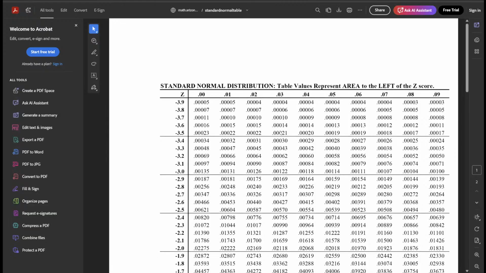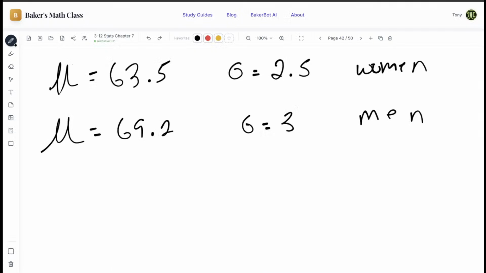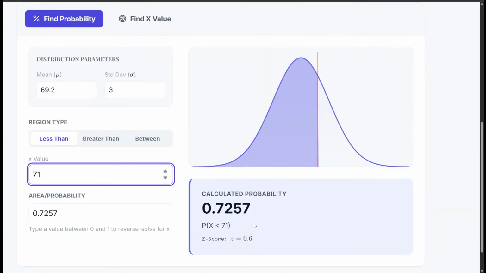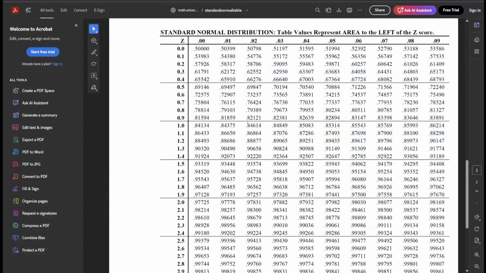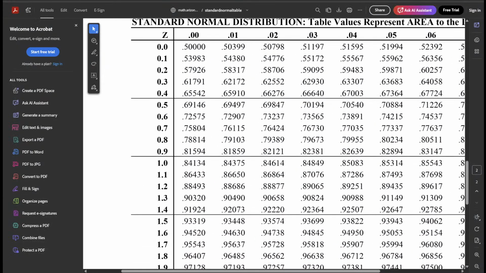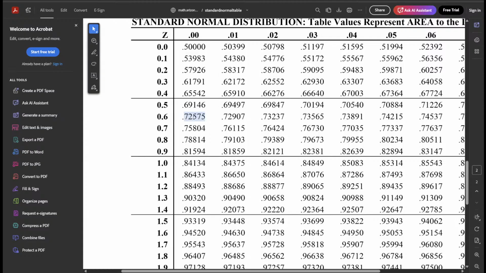So this is what the z-score table is. So if I looked up mine, which was 0.6 for my z-score, there's the probability right there. So the table gives it to you.